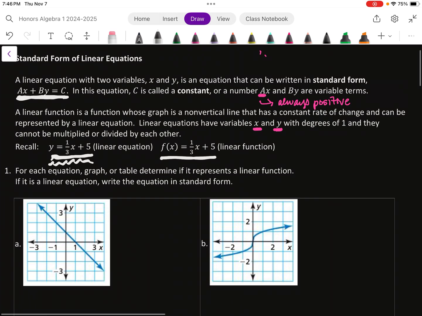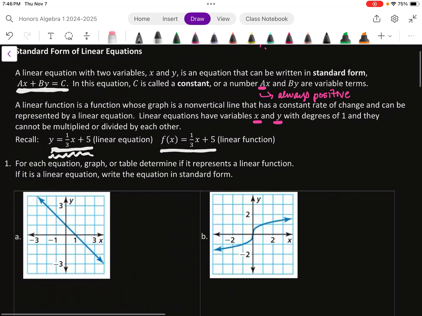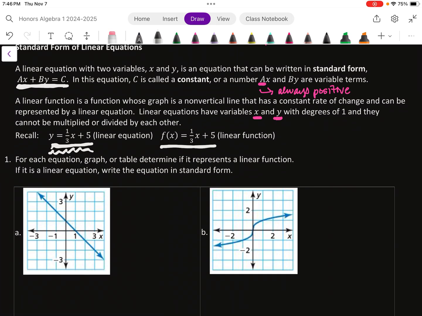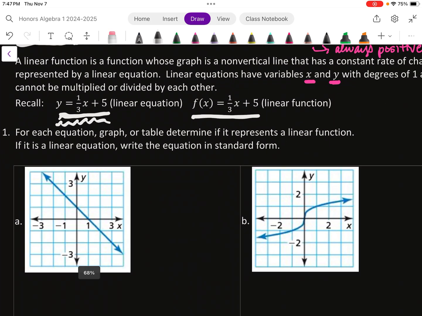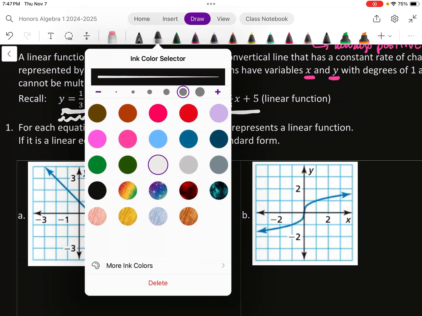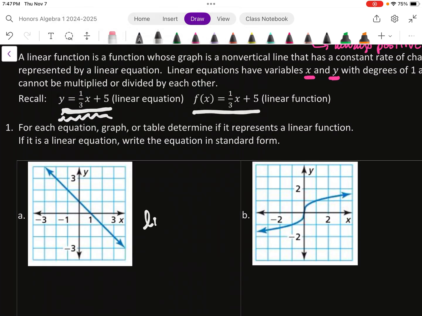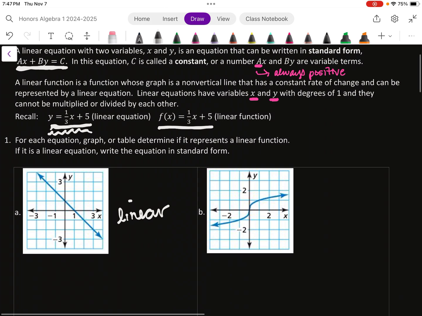So again, linear is non-vertical, and it has a constant rate of change. And it's a line, obviously. Linear is line. So this guy right here is definitely linear, because it's a line. This guy here is non-linear.